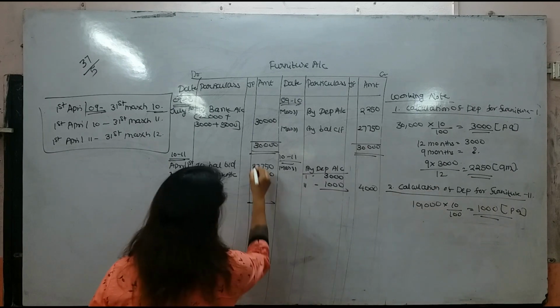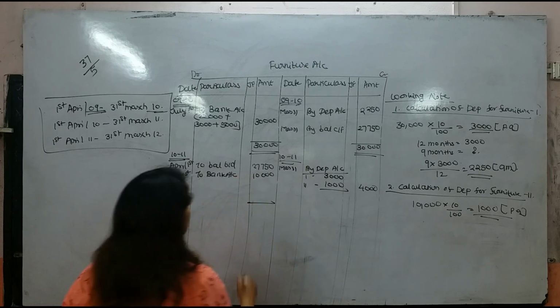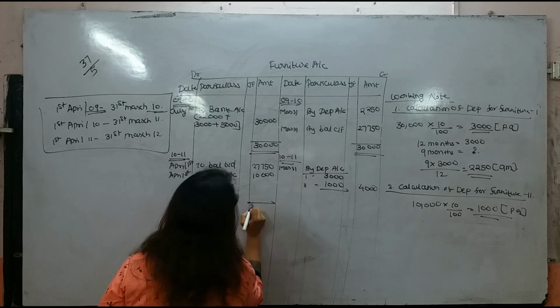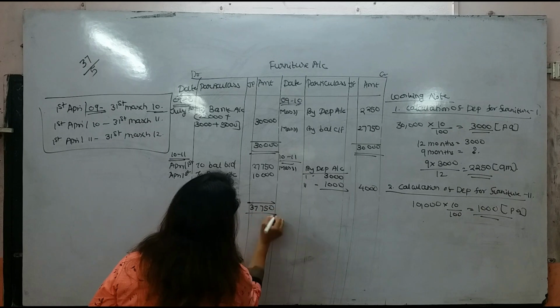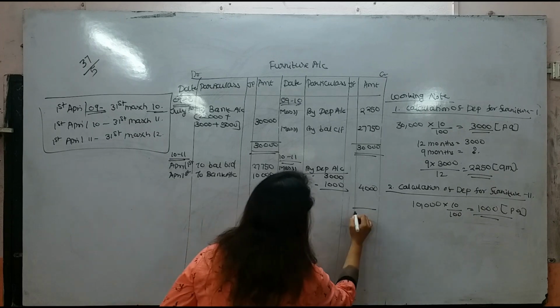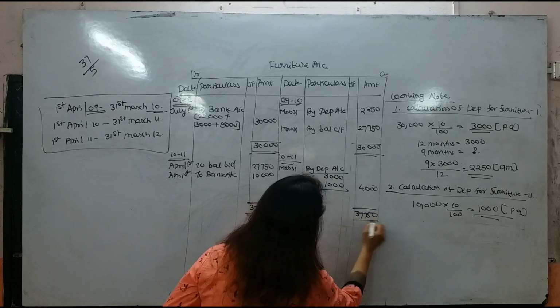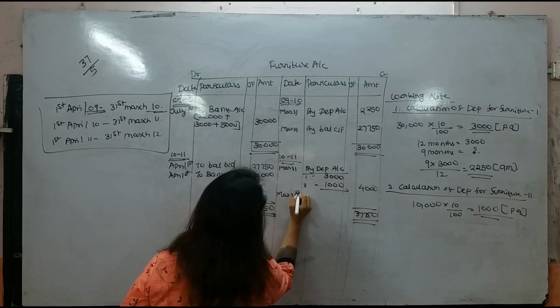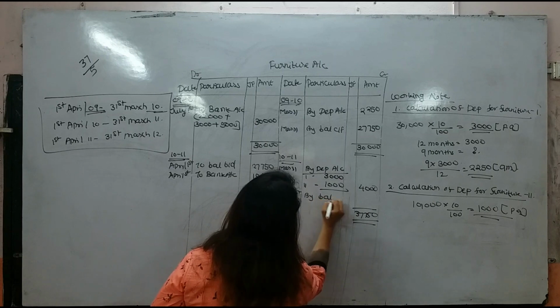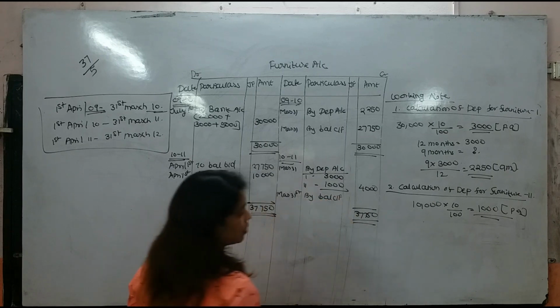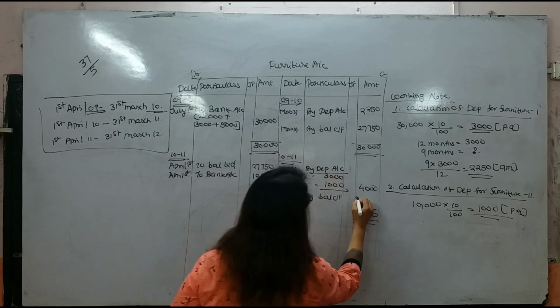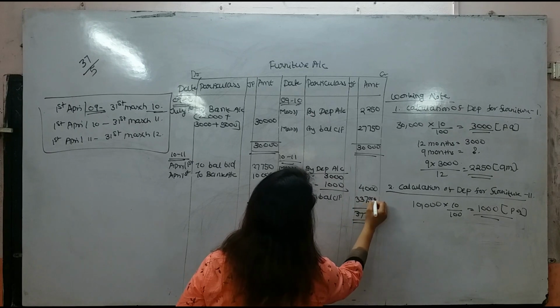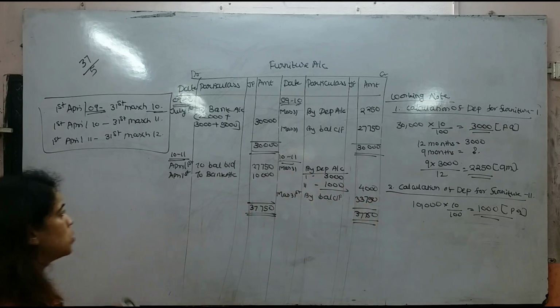So now students, total furniture at the beginning of the year we were having worth rupees 37,750. We have used that furniture for a year. So at the end of the year, value of that furniture will become, by balance carry forward, 37,750 minus 4,000, that is 33,750, will be our closing balance.